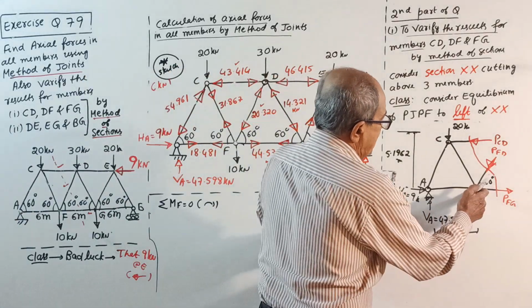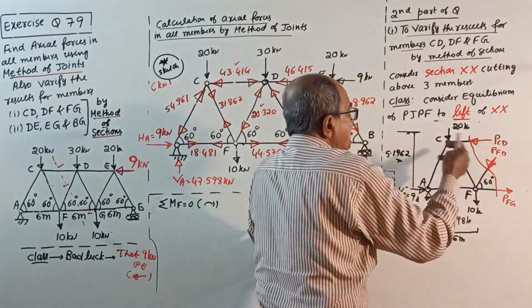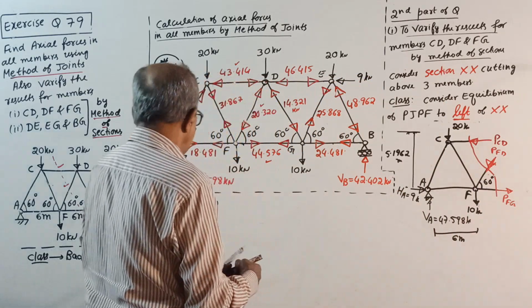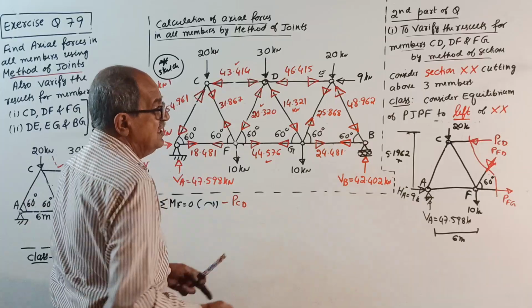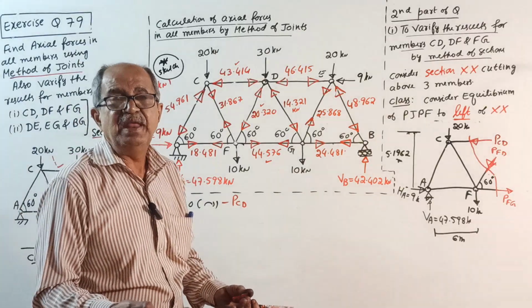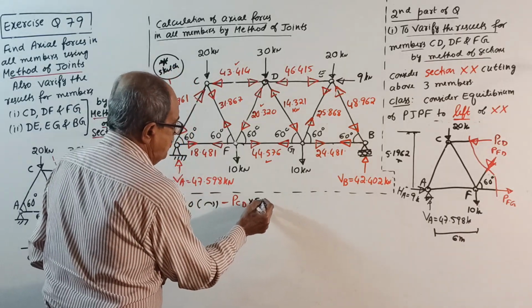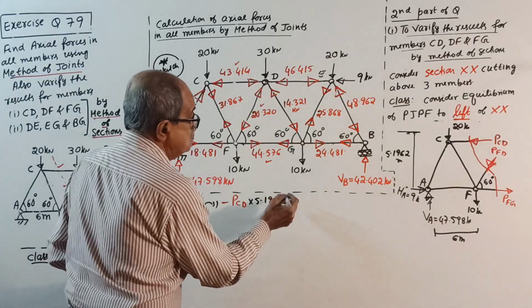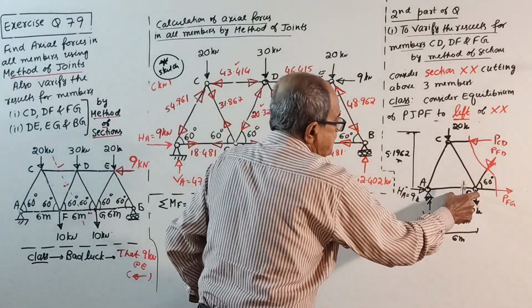When you take moment about F, this into 0, minus PCD into 5.1962, anticlockwise. Then minus 20 into this distance.